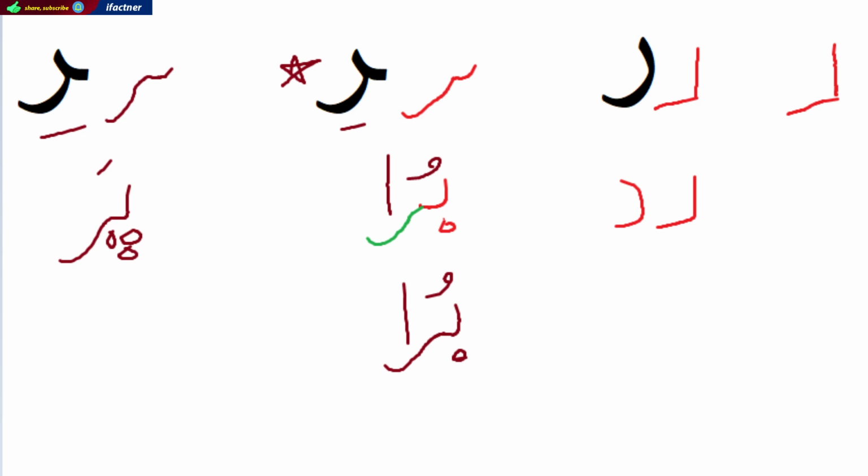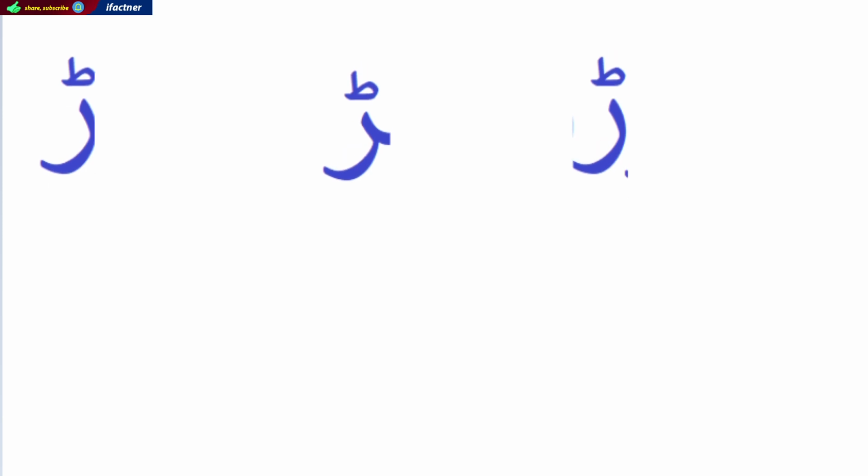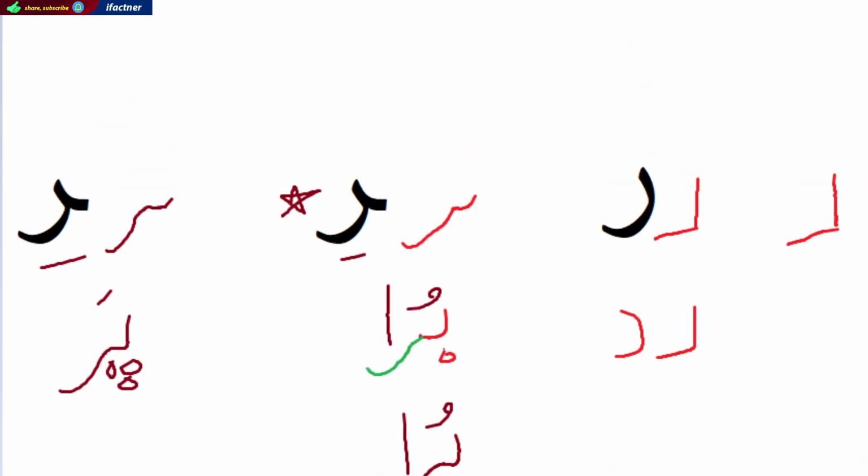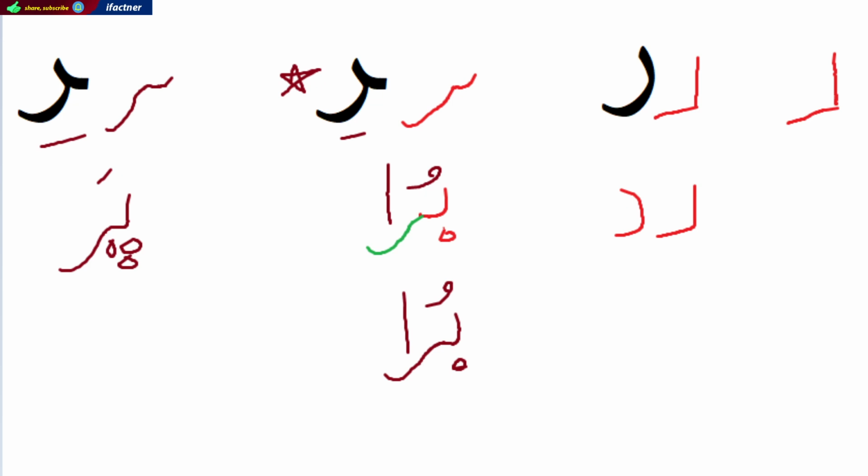Let's move forward to the next character. It is written in the same way as re. You make a straight line and then a slanting line, and on top of it you put this special character. To pronounce it we make the dental sound.